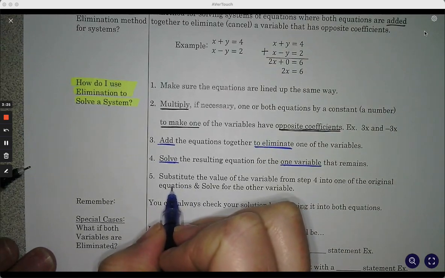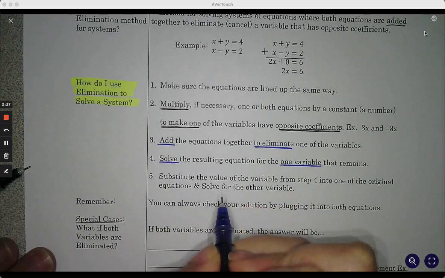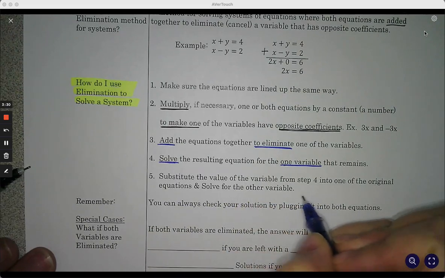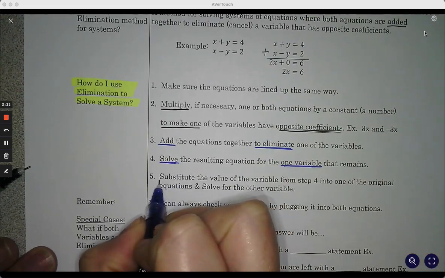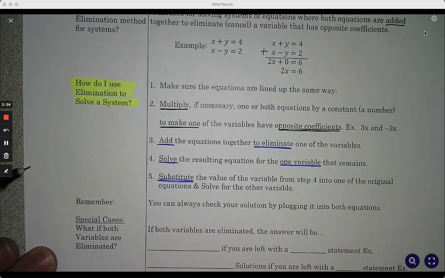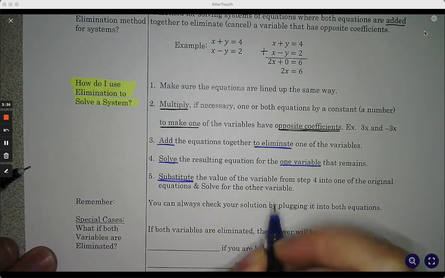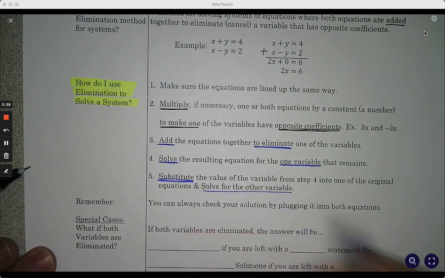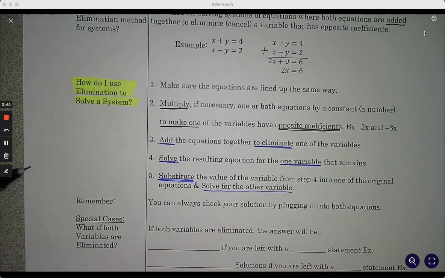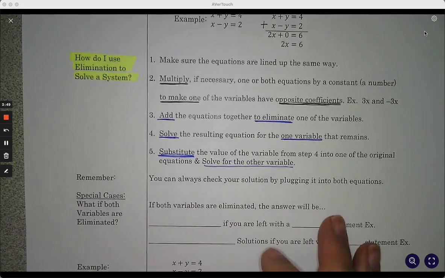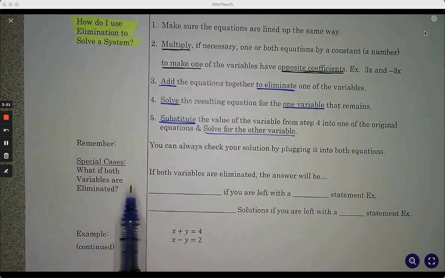Then we substitute the value of the variable from step 4, plug it into one of the original equations and solve for the other variable. Okay, we can always check and double check if we got the right answer if we want to by plugging it into both equations.